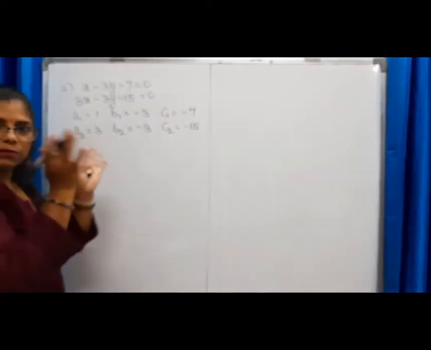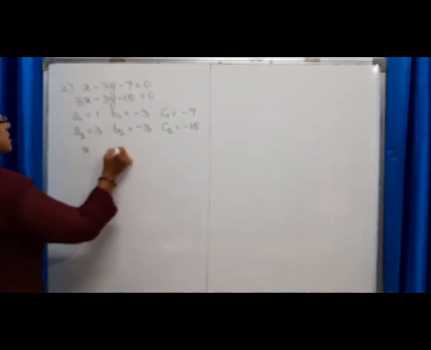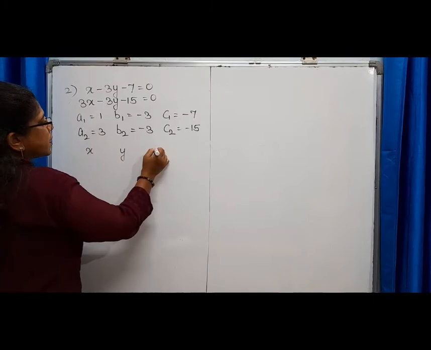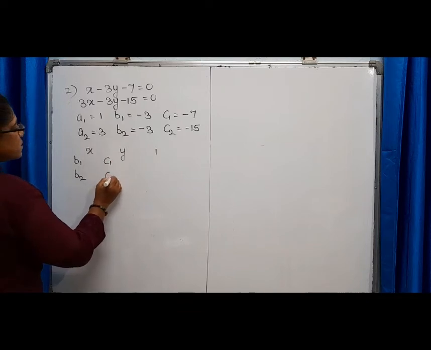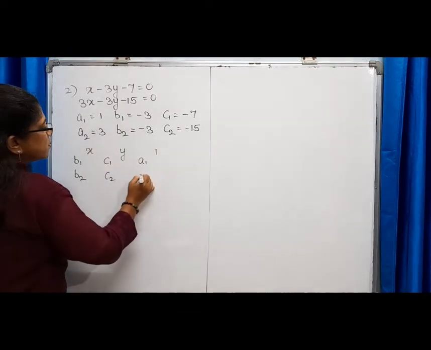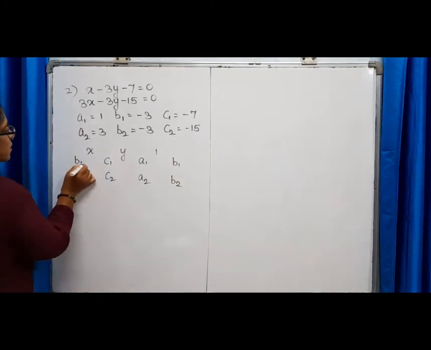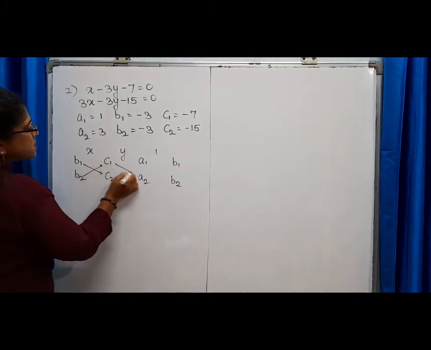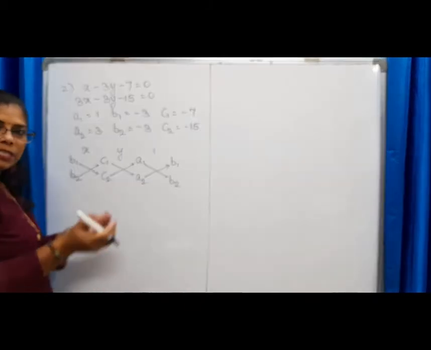Okay, values we have noted down. Next, x, y and 1. So here b1, b2, c1, c2, a1, a2 and b1, b2. Our cross multiplication goes like this. Let's write the values.